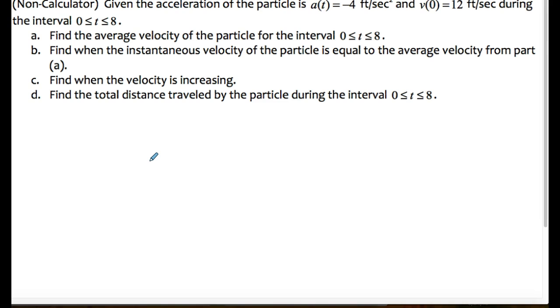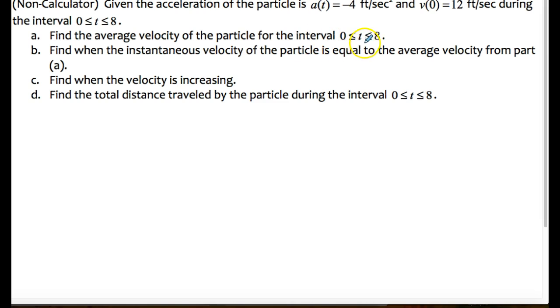It says, given that the acceleration of the particle, a of t, is negative 4 feet per second squared. So that's my acceleration function, right? That's the whole function. And then v of 0 is 12 feet per second. So this is an initial value. Find the average velocity of the particle over the interval 0 to 8. Okay, this is kind of a trick question, right?